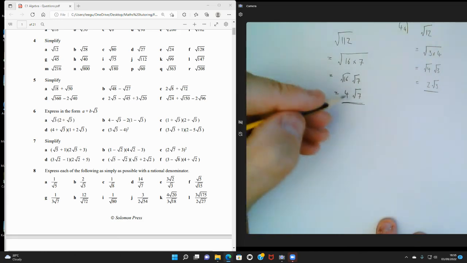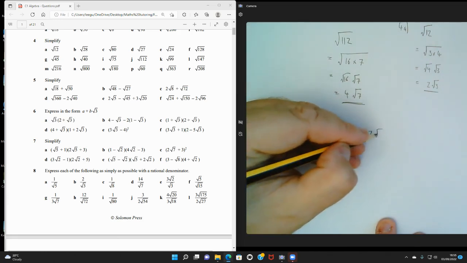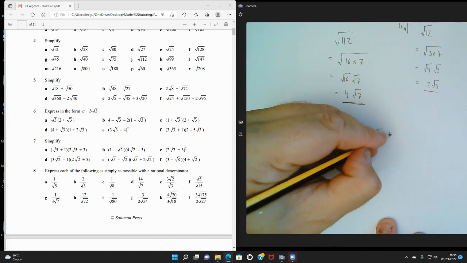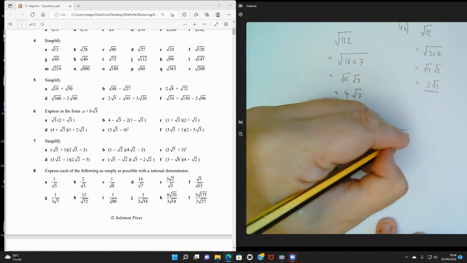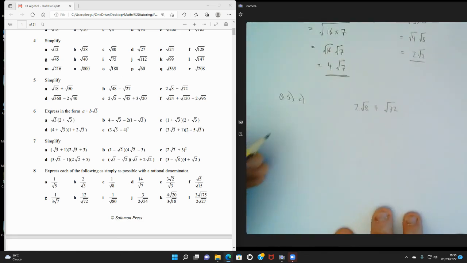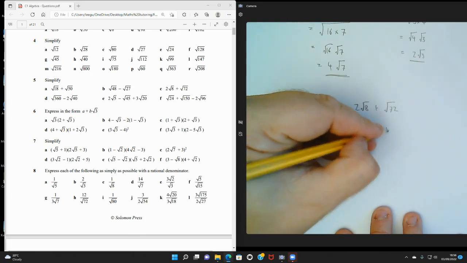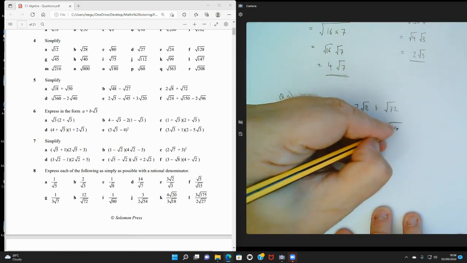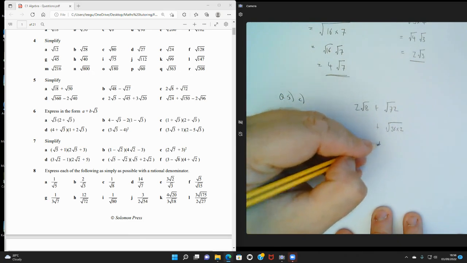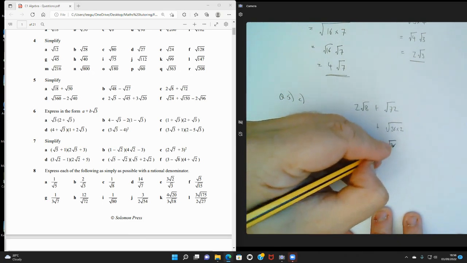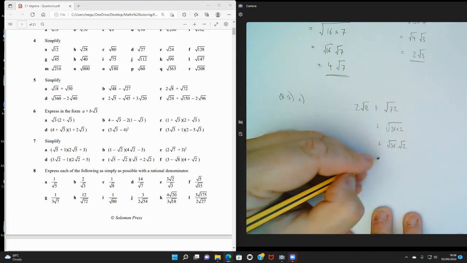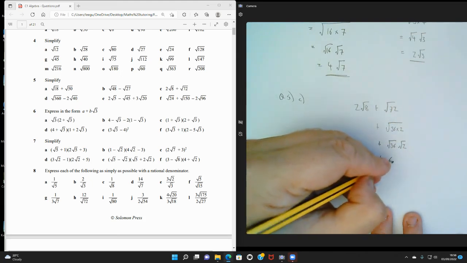So 5C, we have got 2 root 8 plus root 72. Well, first of all, root 72, I can think of that as root 36 times 2, which in turn is root 36 times root 2, which is 6 root 2.